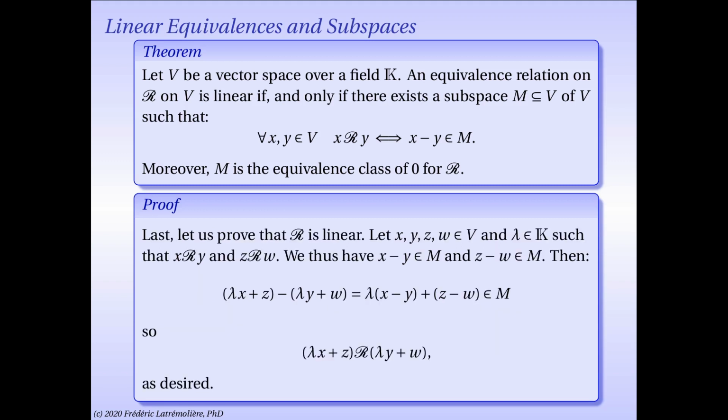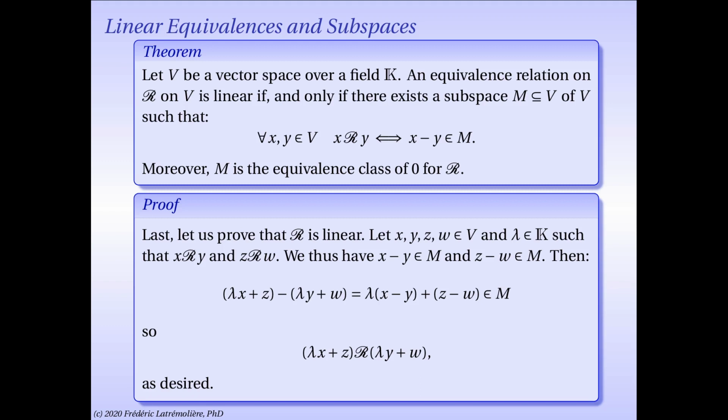Last, it remains to prove that our relation is linear. So let x, y, z, and w be vectors in V, such that x is equivalent to y and z is equivalent to w, and let lambda be some scalar. So by definition of our relation, we have that x minus y is an element of M, since x is equivalent to y, and z minus w is an element of M, since z is equivalent to w.